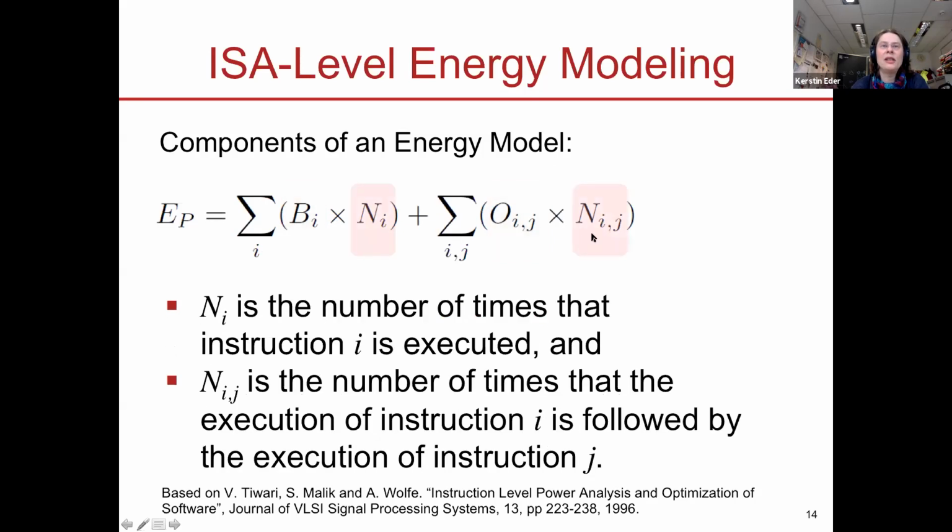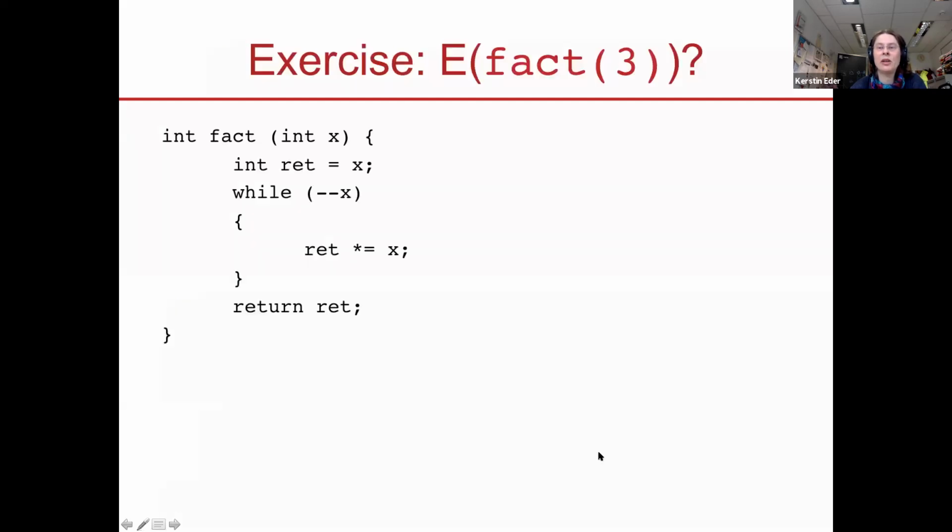So we've got these two other components of an energy model. These are program specific. Right? So the Ni is the number of times that instruction I is executed when the program is running, and Nij is the number of times that the execution of instruction I is followed by the execution of instruction J as the program executes.